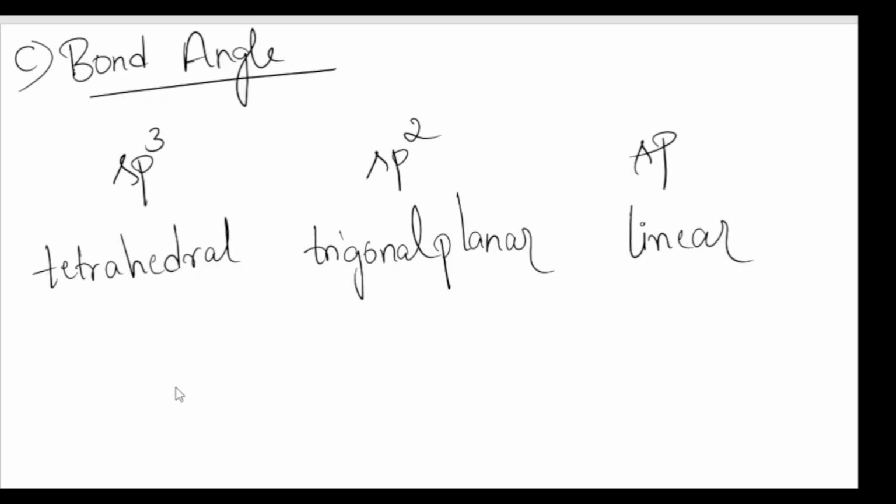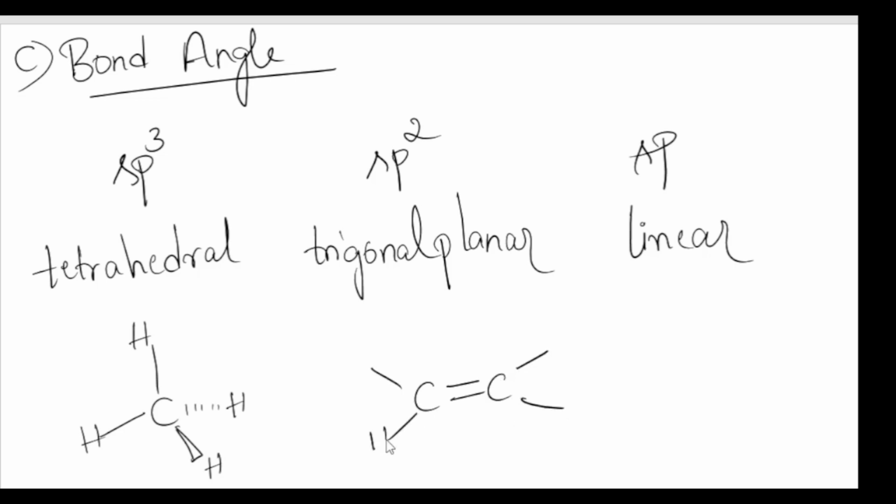One example, in case of sp3 hybridized carbon, a simple example I will take is methane. Here I will take a simple molecule, ethene. For sp hybridization, I will take acetylene.